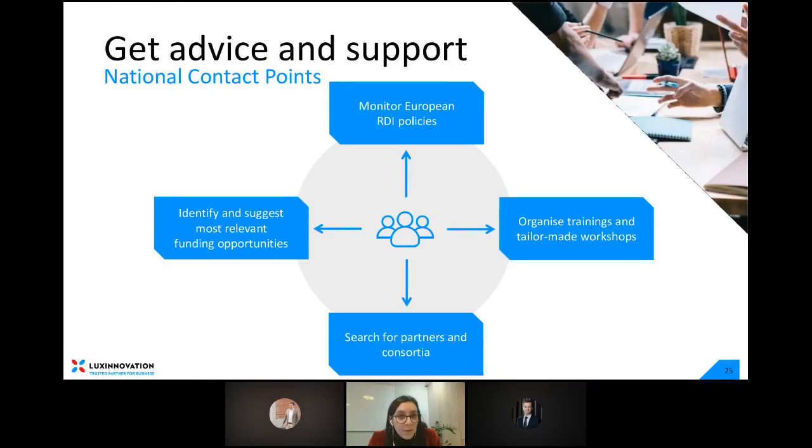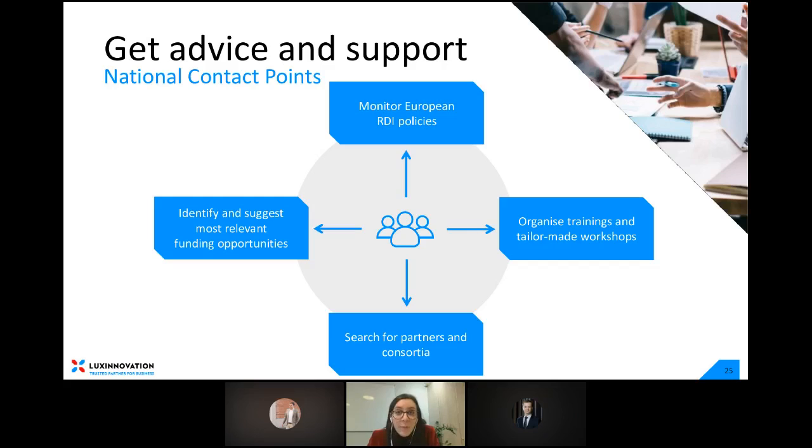So continuing on getting advice, the go-to team for getting advice in Luxembourg is the team of National Contact Points working at Lux Innovation. As Benjamin said in the previous part, we are a team of 7 people and we each have our own specialty.